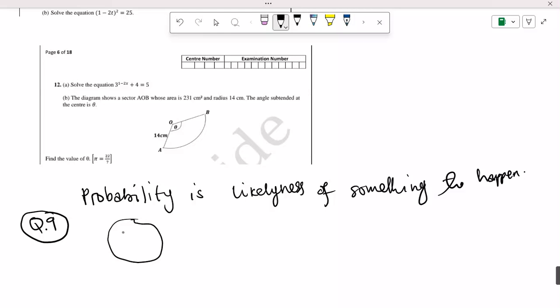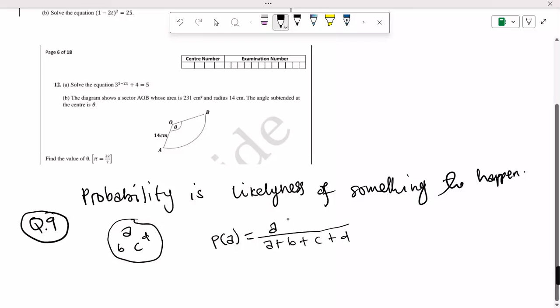In this bag you have letters A, B, C, D. The easy way, if I tell you what is the probability of picking letter A from this bag, probability A is equal to, the likeliness of picking A is A itself, A over, there are 4 things in that bag, so A plus B plus C plus D. So this is the probability of picking A amongst the total options here.